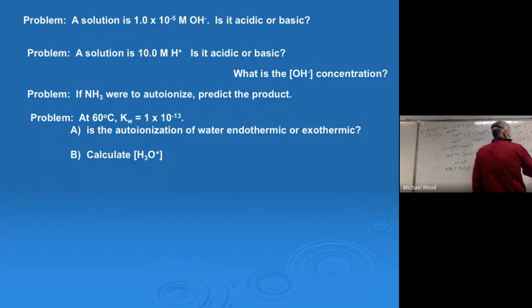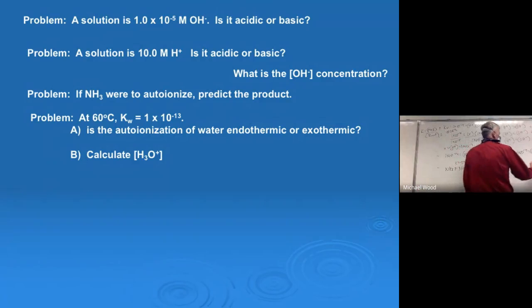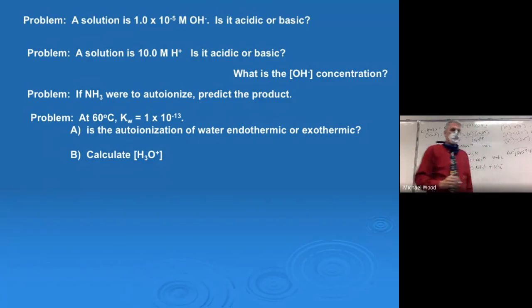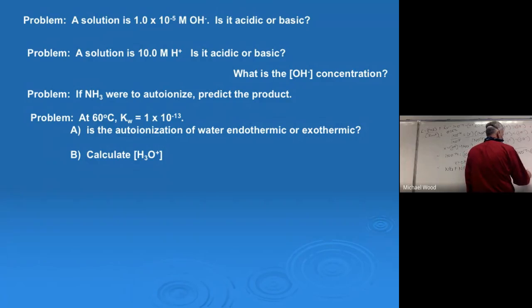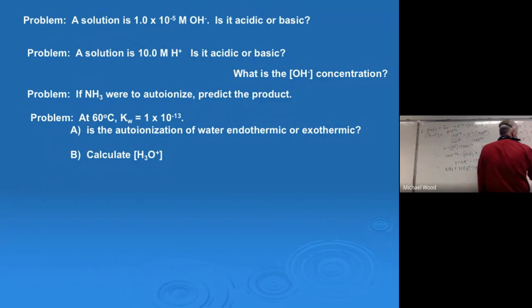These are both X. So if I have X times X, is that 2X or X squared? That's X squared, right? So I have X squared. So I take the square root. And what I get for X, which is the H3O positive, is 3.2 times 10 to the negative 7.